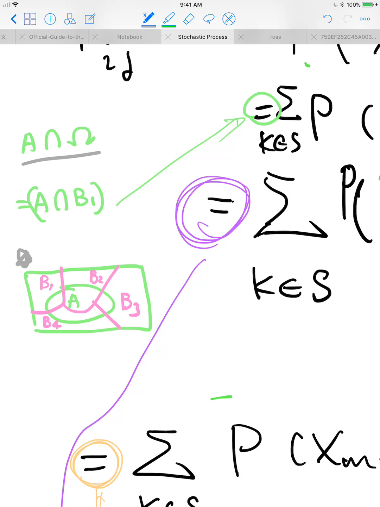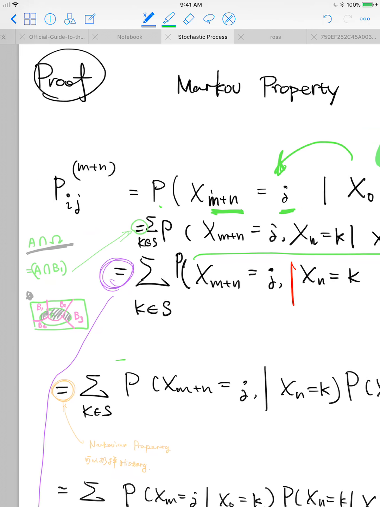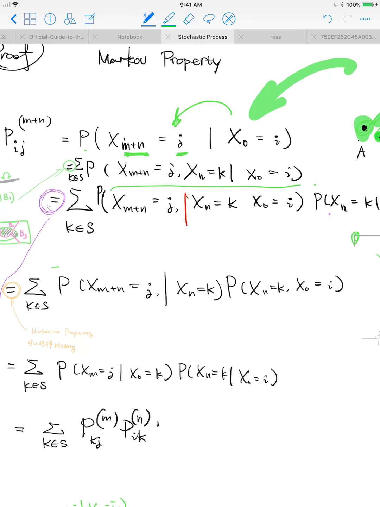We have A intersection, here should be the whole sample space. Then this one equals this part plus this part plus A intersection B3, and so on and so forth. And so this equation holds.